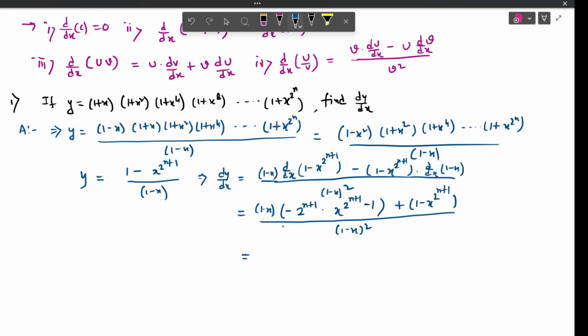Now to simplify, multiplying by 1, this becomes minus 2 to the power n plus 1 into x to the power 2 to the power n plus 1 minus 1, and it would be x to the power 2 to the power n plus 1, and x with x.